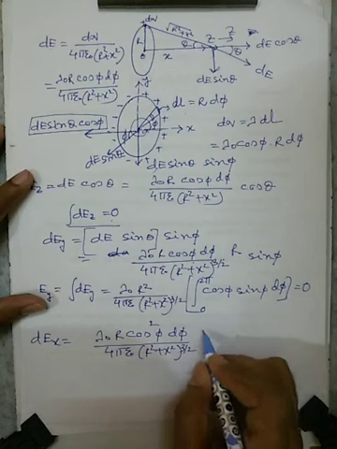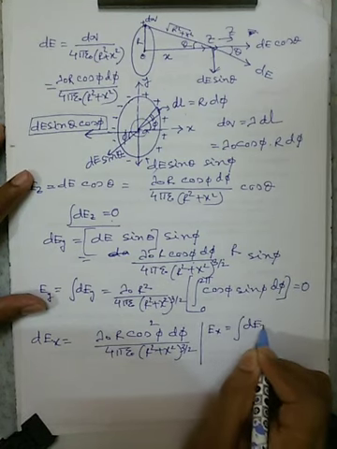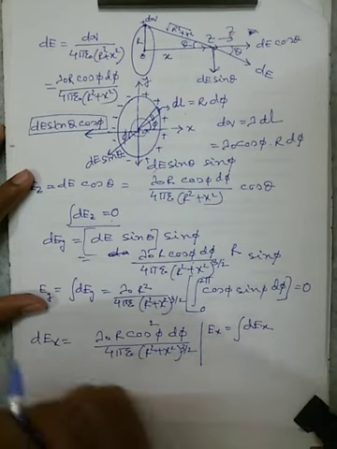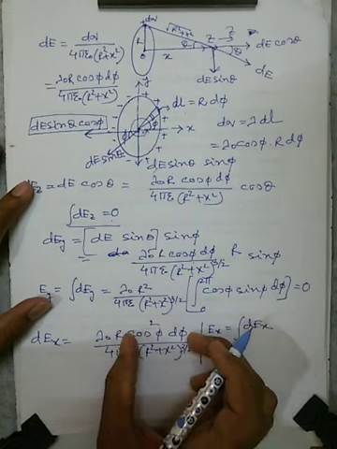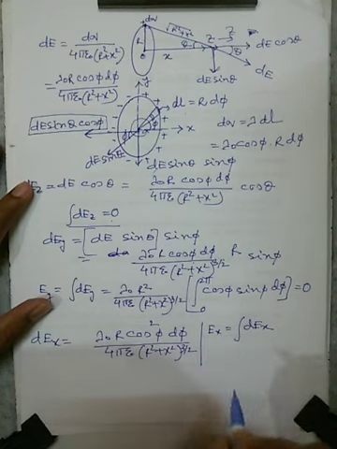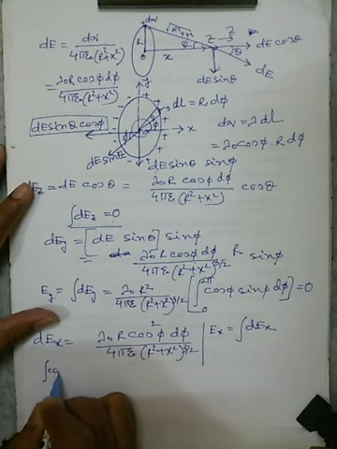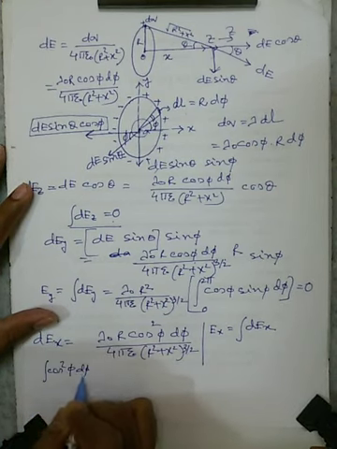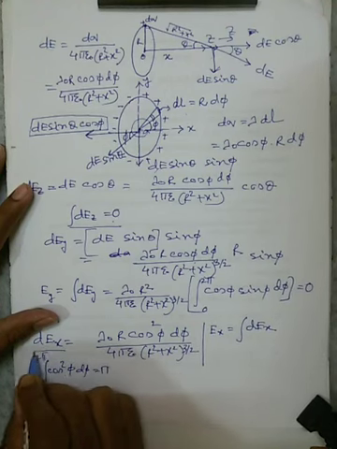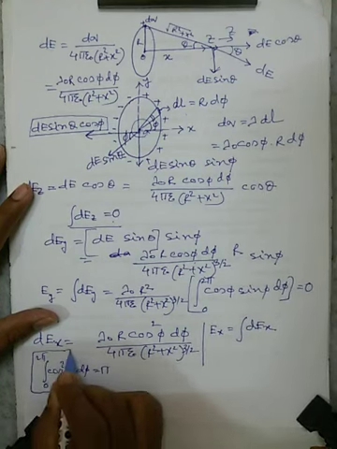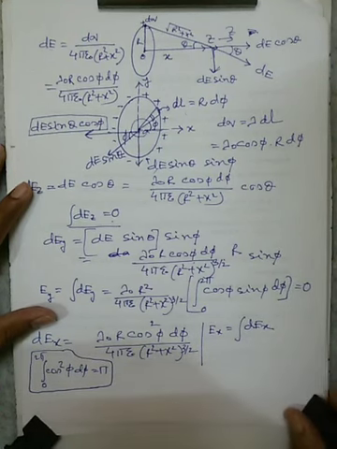If we perform the integration of dEx, in the previous problem number 2 I solved the integration of cos square phi d phi from 0 to 2 pi, and the answer is pi. You can solve this, or I have solved this in the previous problem. The link is in the description.